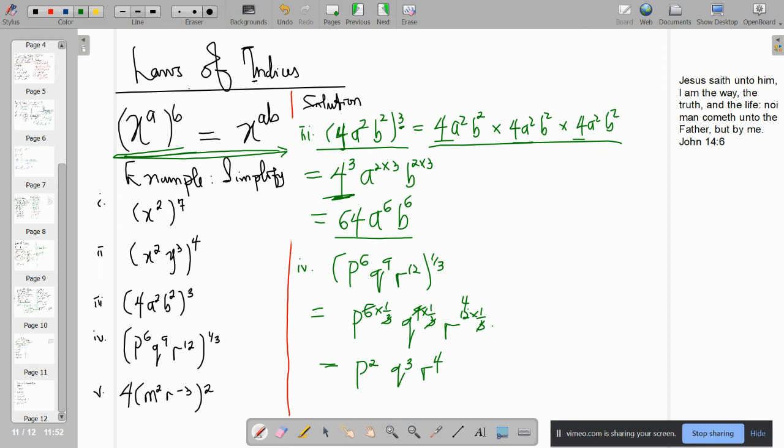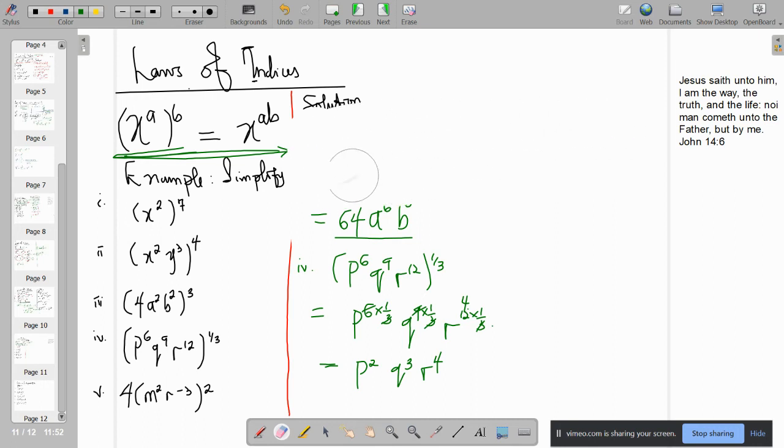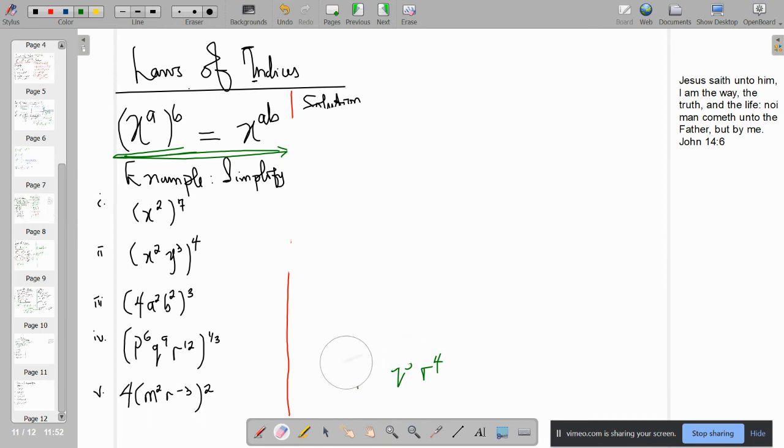Now, the fifth one, which is the last for this example. Permit me to clean this one to have number five. So for number five here now, we have 4 into bracket m squared r raised to power minus 3, all raised to power 2.